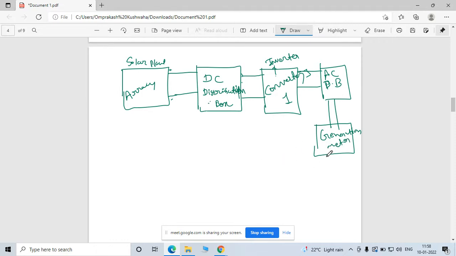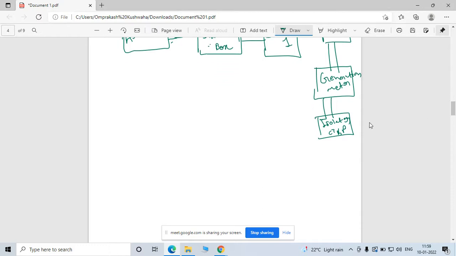Now here the CTPT and isolator locations are there. Here we synchronize.